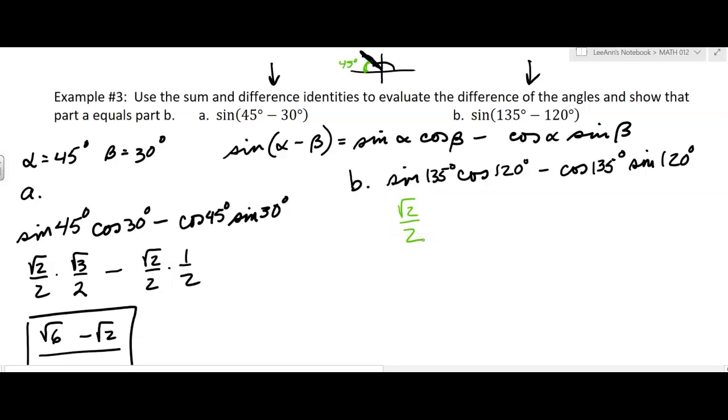Cosine of 120, I'd have to draw like a new grid system. 120 is right there. Reference angle is 60 degrees, right? So 60 degrees. But second quadrant is going to be negative because cosine's negative over in the second quadrant.